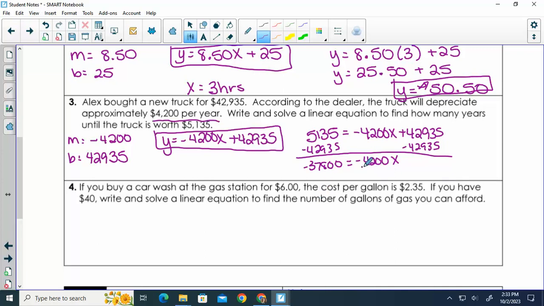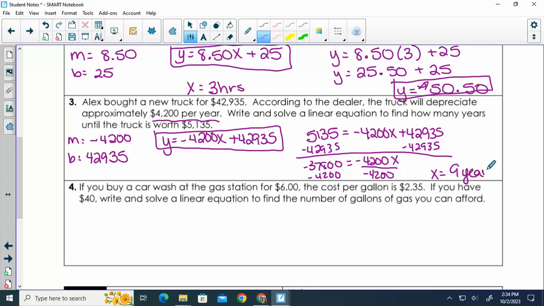All right, so if we subtract this over, we divide by negative 4,200, what do we get for x? 9. And what is that measured in?